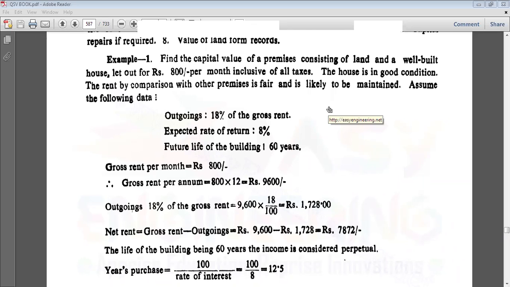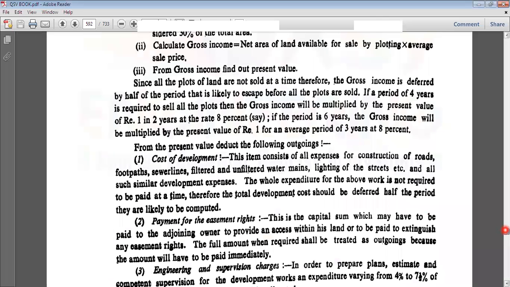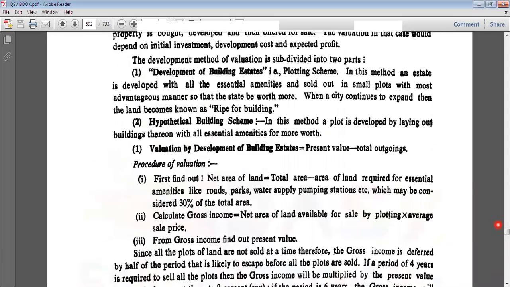It is gross rent minus outgoings. Gross rent is 9600 rupees and outgoings are 1728 rupees. So the total net rent that the owner is going to get is 7872 rupees.